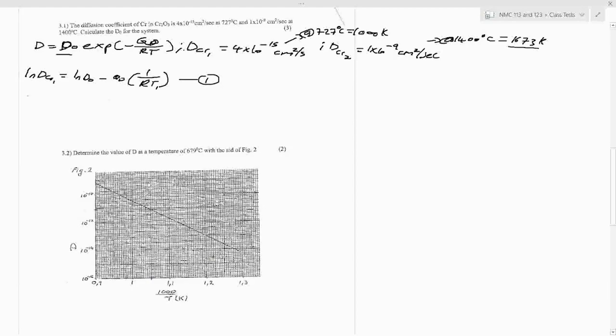And our second equation will be ln DCR2 equals ln D0 minus QD over RT2. It's our second equation.